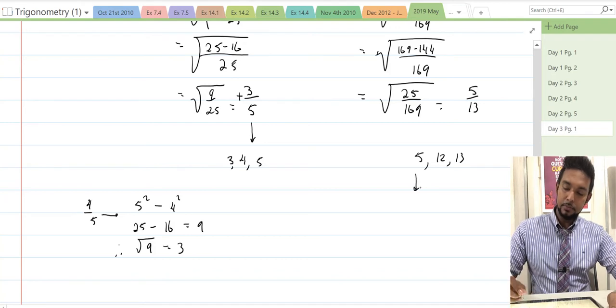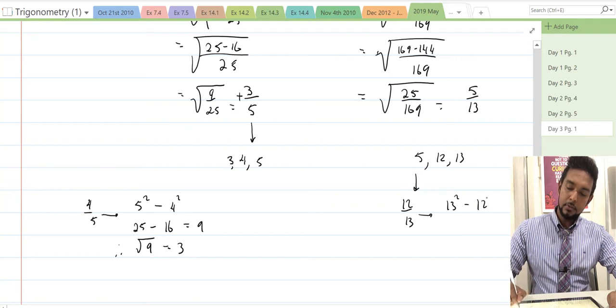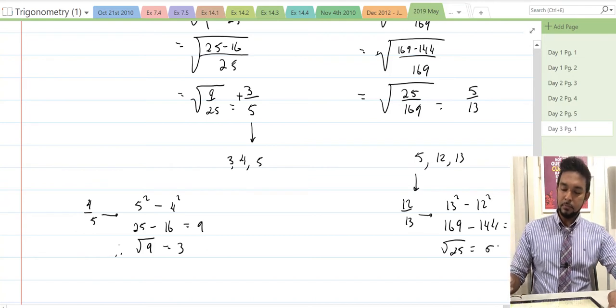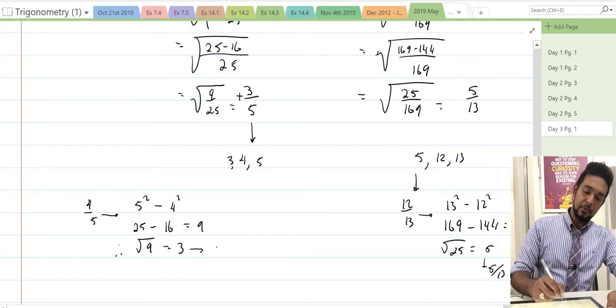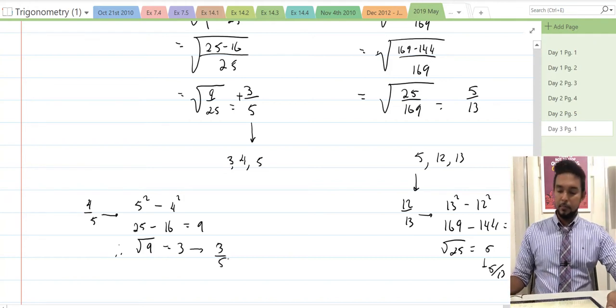Similarly on this side now, if you had 12/13, you could do 13 squared minus 12 squared, so that's 169 minus 144 equal to 25, and then you could take the square root of 25 and get 5, which will then give you 5/13. And this one here will give you 3/5. So you have different ways you could do it.